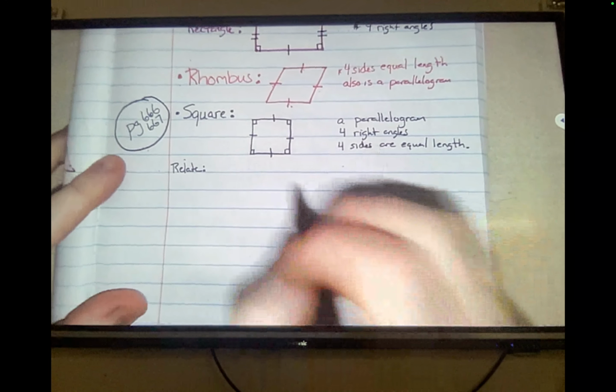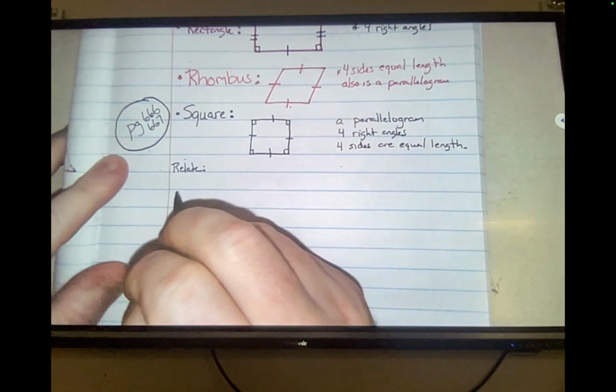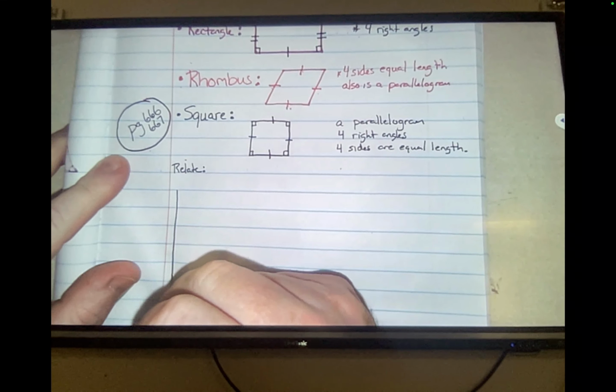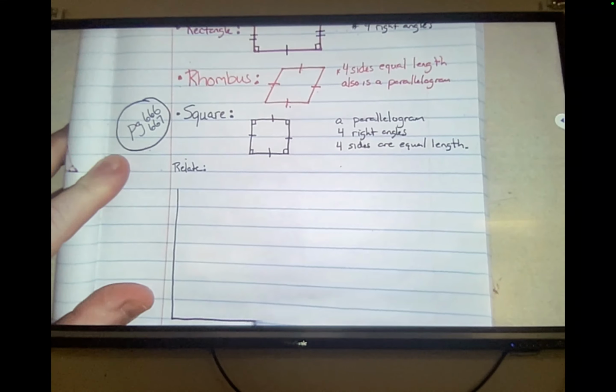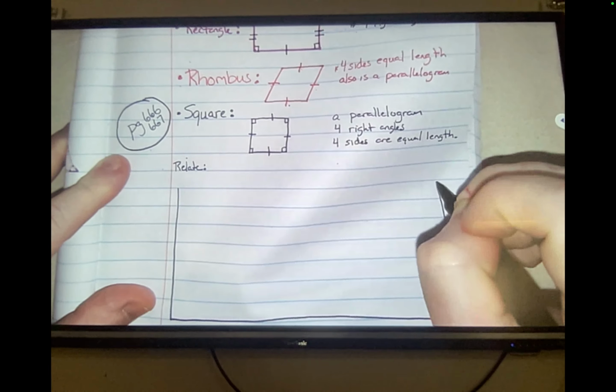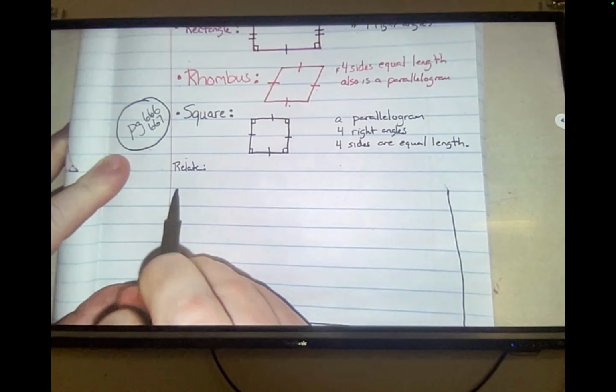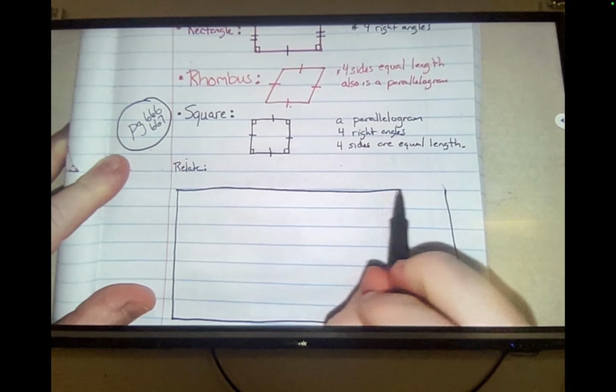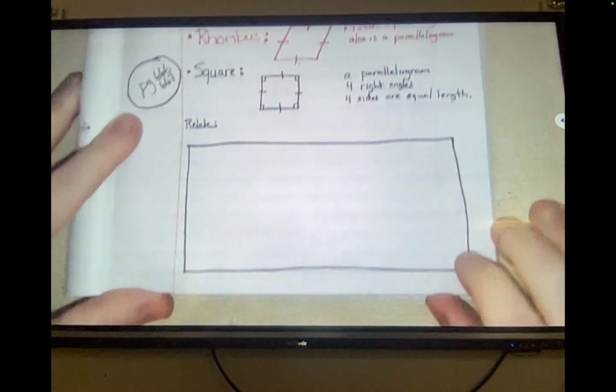So at the top, I want you to write, let's just make a big shape real fast. We'll make it just like this. I'm going to scoot it up in just a minute. Okay. So there we go. We see it.